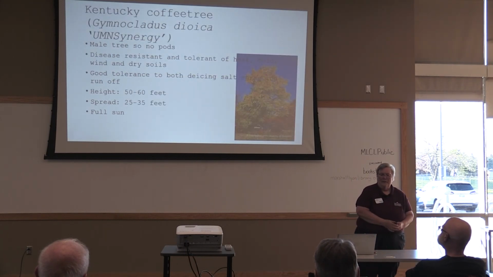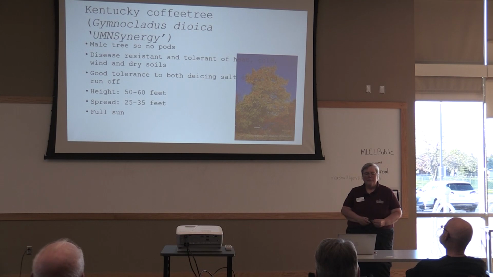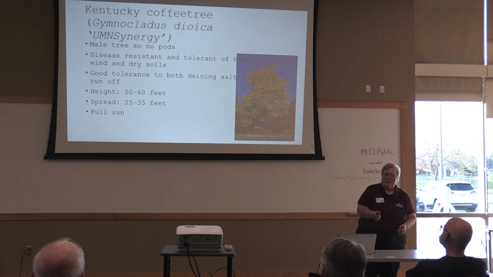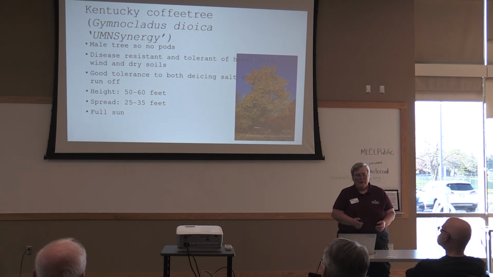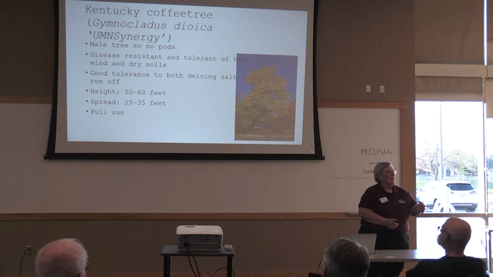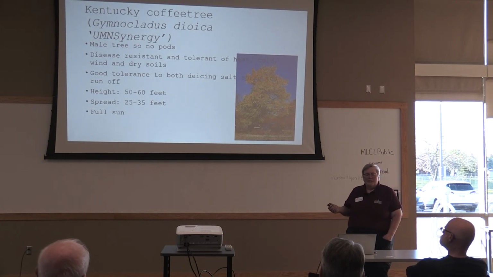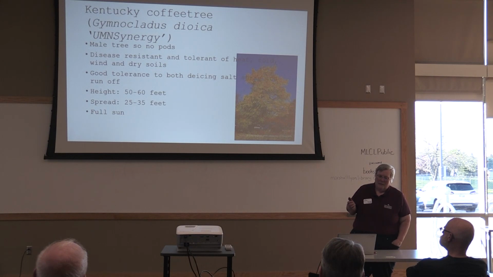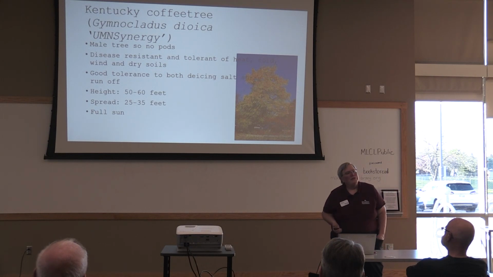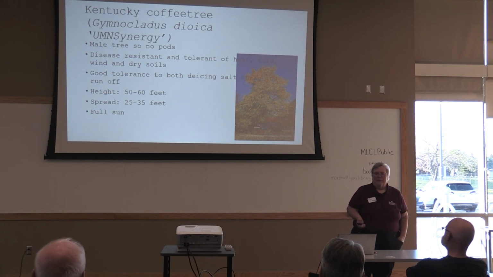Kentucky coffee tree, Gymnocladus dioica. The variety is University of Minnesota Synergy. This is a male tree, so it doesn't have the pods that you get with a female Kentucky coffee tree. If you don't mind the pods, get the female one. It doesn't really matter. This one also tolerates heat, cold, wind, and very dry soils, which we have a lot of around here.